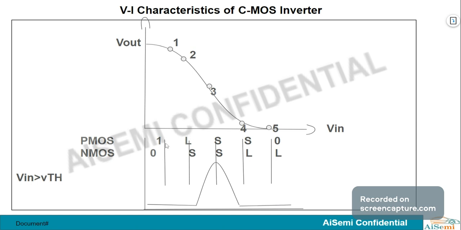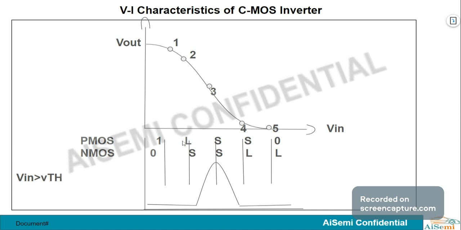Next we go to the second region. We observe that the PMOS is in the linear region and NMOS is in the saturation region. How does it happen? The input voltage is slowly increased, and when the input voltage crosses the threshold voltage of the NMOS transistor, the NMOS transistor enters the saturation region and the PMOS transistor acts in the linear region.